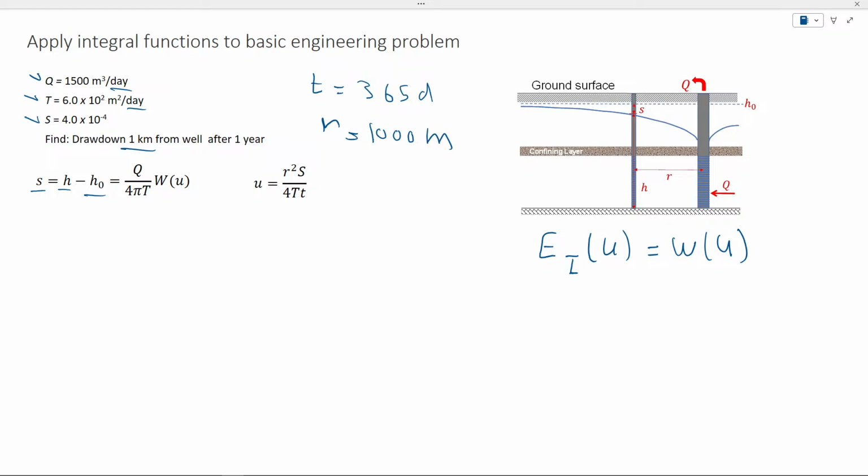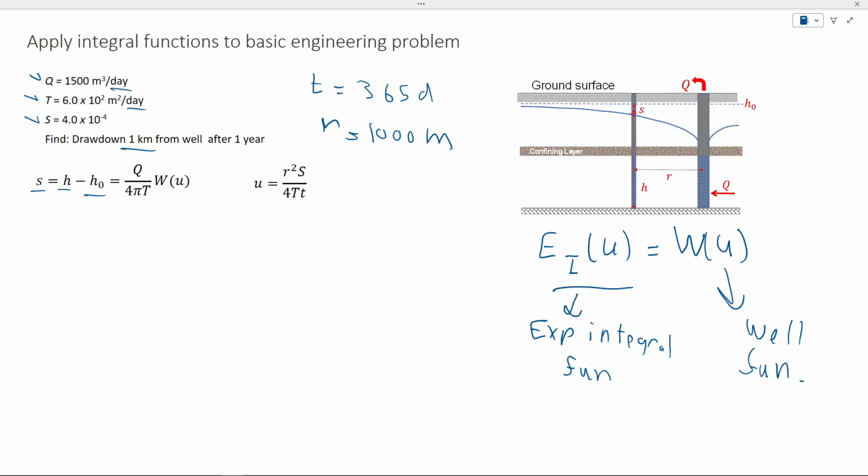In groundwater terminology, this is a big U. In mathematics, this exponential integral function is called the exponential integral function. In groundwater, we call this the well function. That's the same thing.